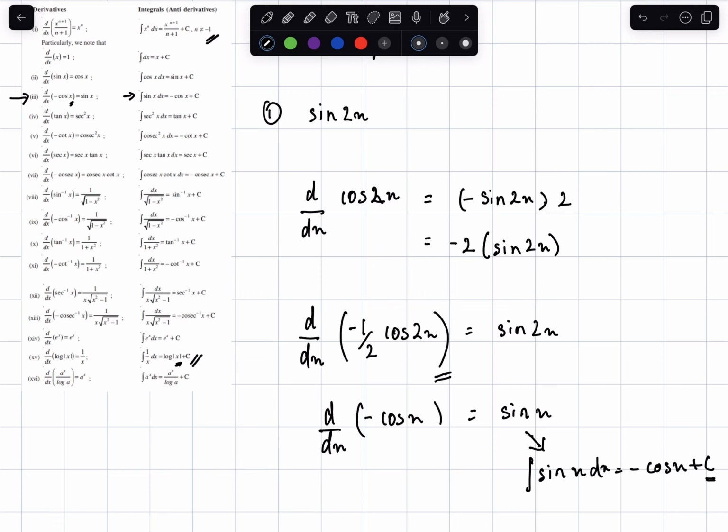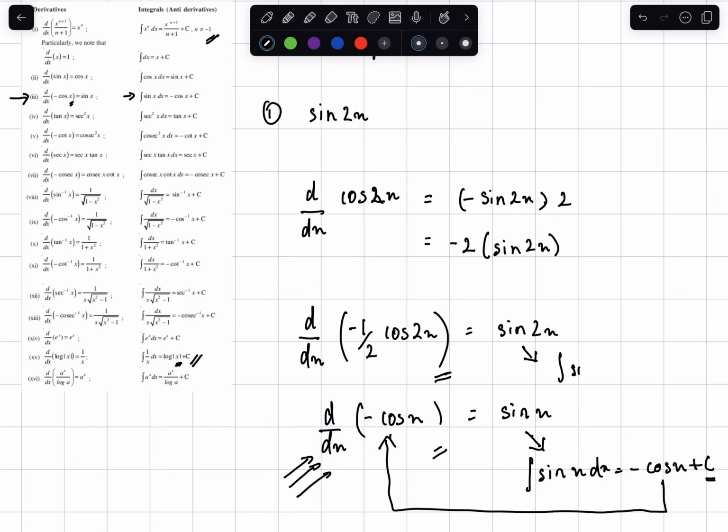Correct? So what does this mean? Now, if you compare this, the representation is kind of the same. So basically, the integral of sine x gives you minus cos x, which is basically over here, as you can see. Therefore, using this representation, let's do it for the same.